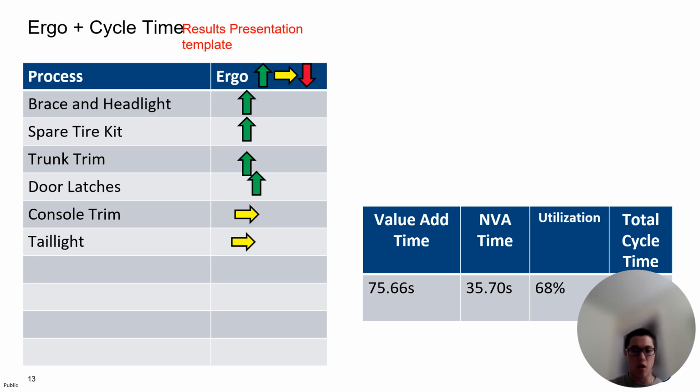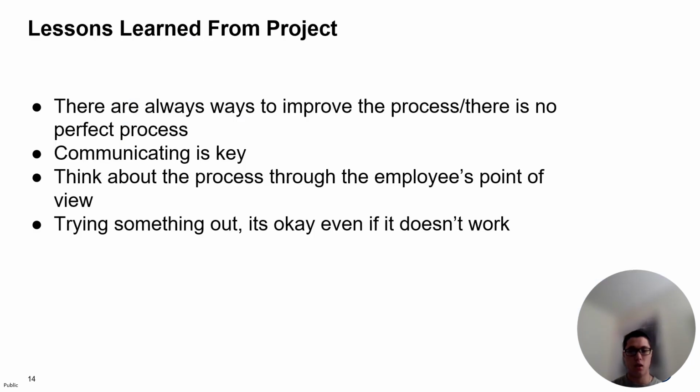So, like I said, not all of them improved, but the carrier and headlight, spare tire kit, the door latches, and the trunk trim all improved, while the console trim and tail light did not improve. And again, we have those value added times, and then the total cycle time of 111 seconds, which was much quicker.